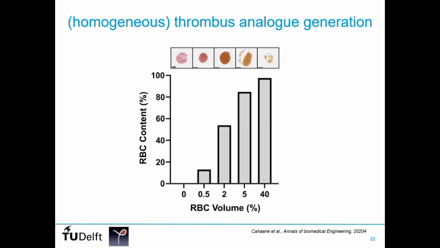Of course, if we don't add any red blood cells, then we don't see any red blood cells in the final sample. But if we add like 2% of red blood cells in the initial suspension, then the final concentration of red blood cells in the network is already almost 50%.